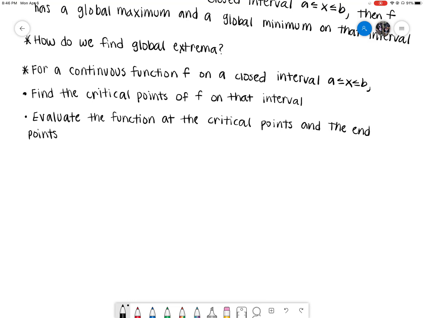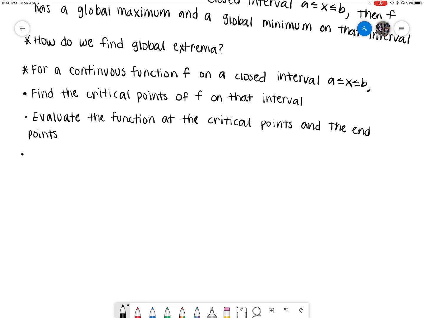We do that because it turns out, if a global max and a global min exist, they're going to be either at a critical point or at an end point. So those are the two possible places that they could be. So we evaluate our function there, and then we decide.